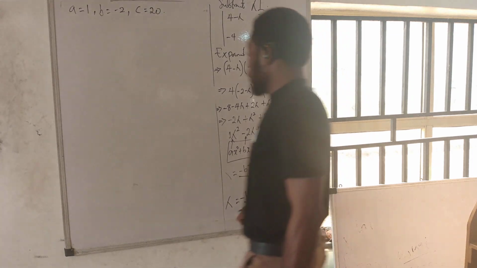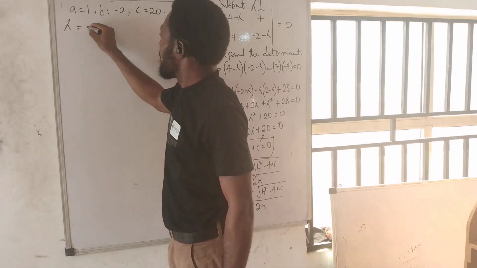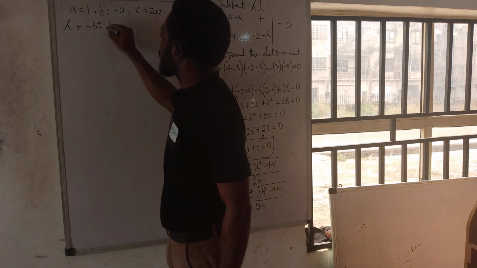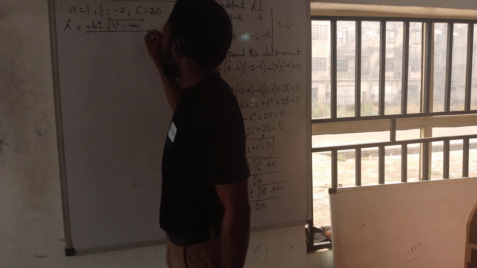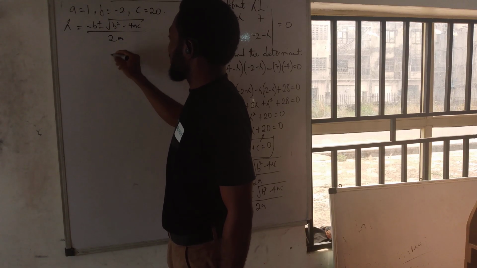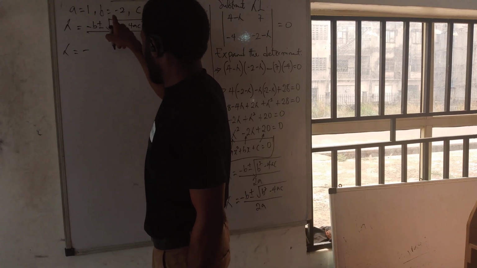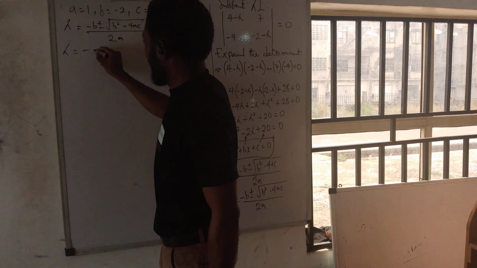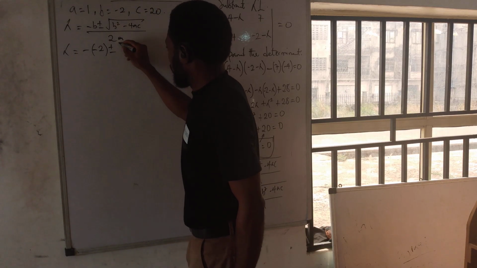Now let's go. Using the formula, lambda is equal to minus b plus or minus square root of b squared minus 4ac, all over 2a. What does that imply? Let's solve. Lambda, now minus, this is b, right? Minus minus 2 plus or minus square root.